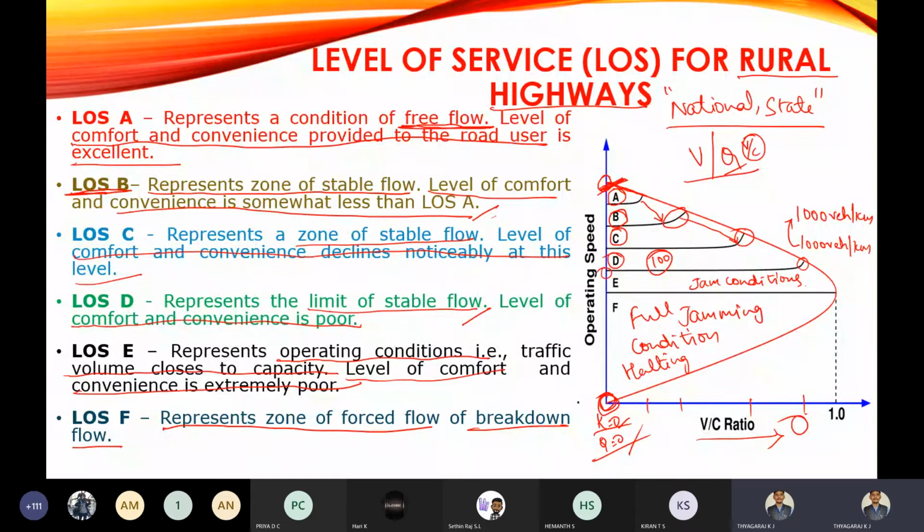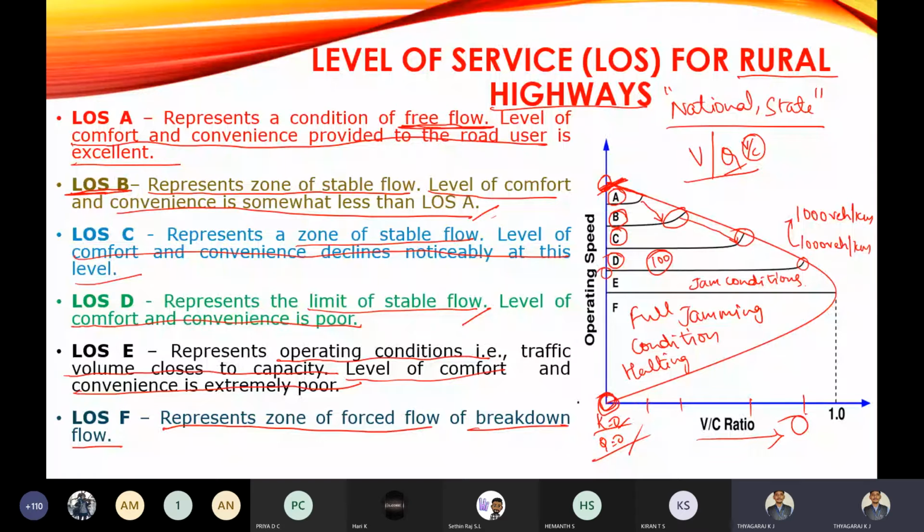Level of service E represents operating condition, traffic volume closest to capacity, that is, it will reach the maximum capacity of the road. Comfort and convenience is extremely poor. You will be moving at a very lesser speed. Then comes level of service F, forced flow condition, where we can experience breakdown flow.